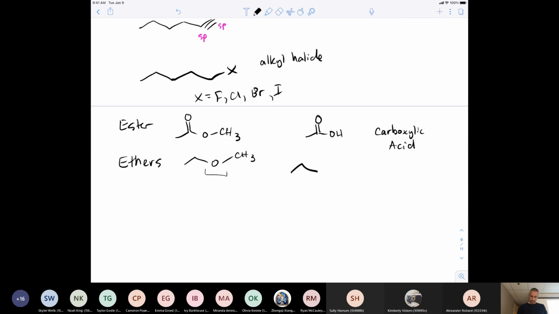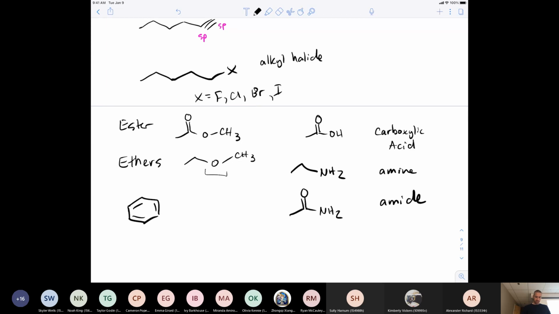Amines. A nitrogen attached to a carbon. And then what else? Amide, also not to be confused with amine. Amides have a carbonyl group with a nitrogen attached. Aromatics.